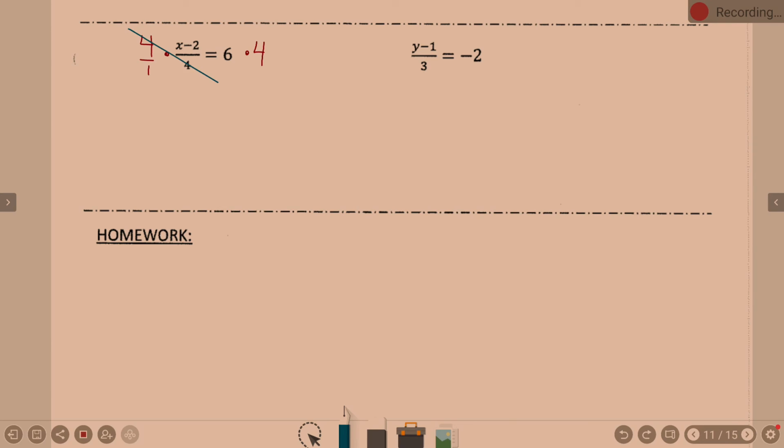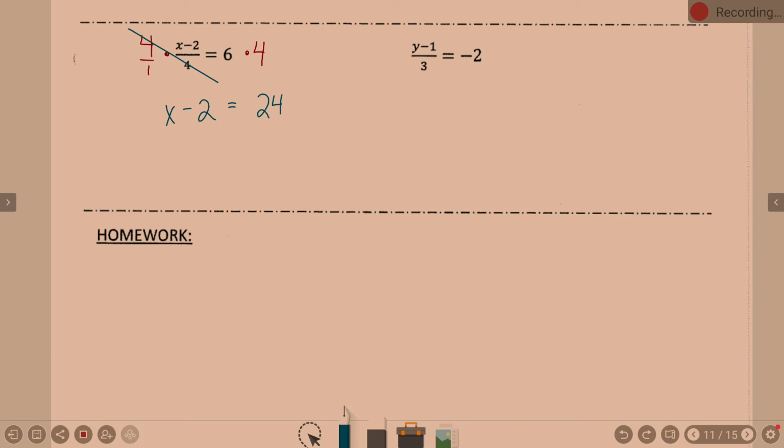What's here on the left? x minus 2, good. On the right, 6 times 4? 24. 6 times 4, 24.